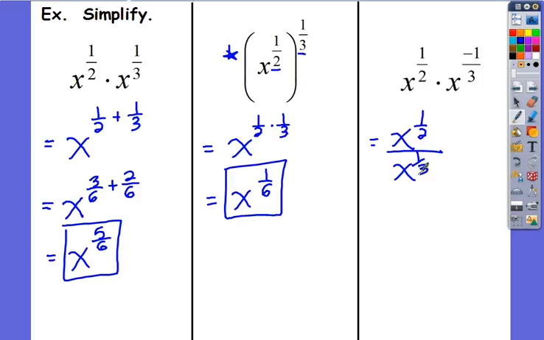So now if I look, 1/2 is bigger than 1/3, so I'm going to do the top minus the bottom. 1/2 minus 1/3. And again, I need a common denominator. So x to the 3/6 minus 2/6, which would give me x to the 1/6.